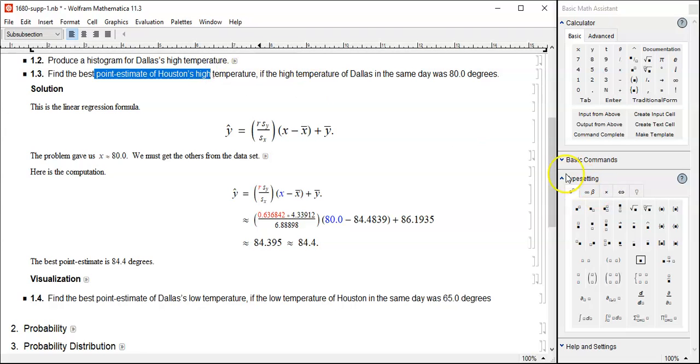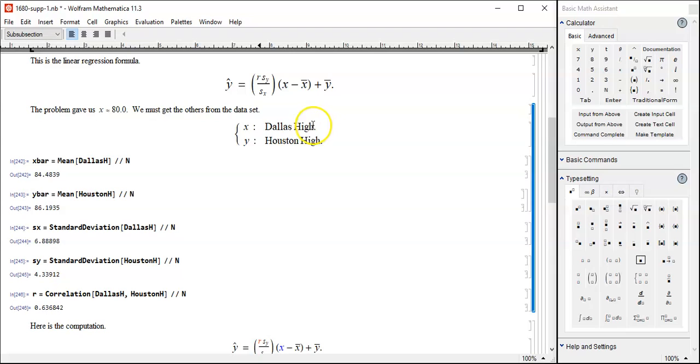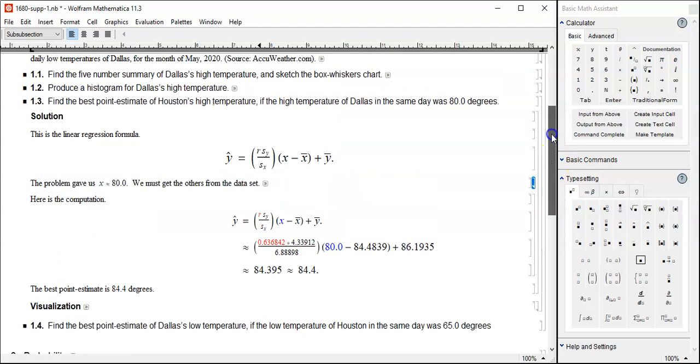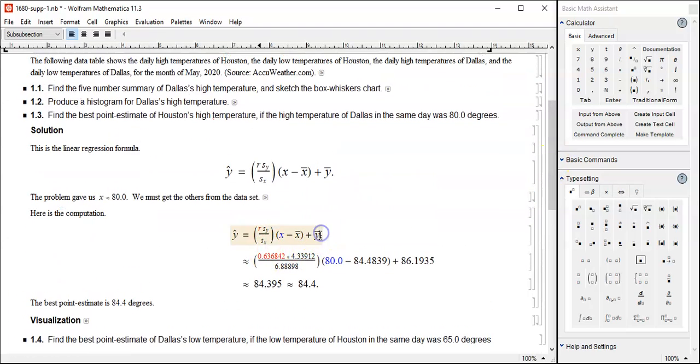So Y is Houston. So X is Dallas, Y is Houston. And that's what these are. X bar, Y bar. It's bars, so there gotta be averages. But which is which? X is Dallas, Y is Houston. Now how about Sx and Sy? S is standard deviation, but which is which? X is Dallas, Y is Houston. So known X, unknown Y.